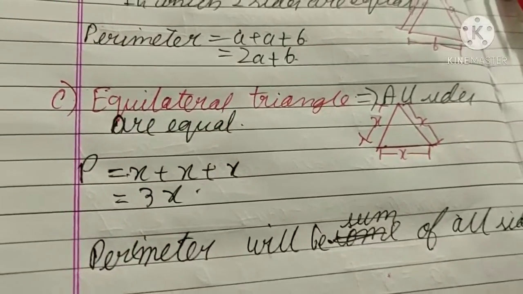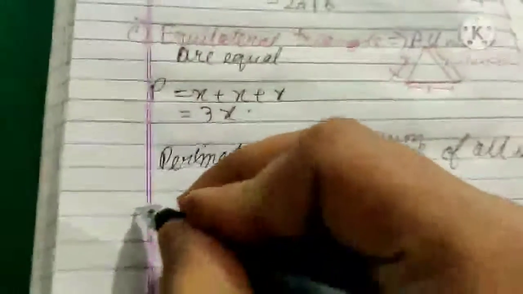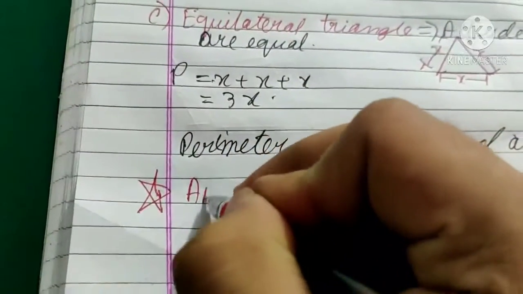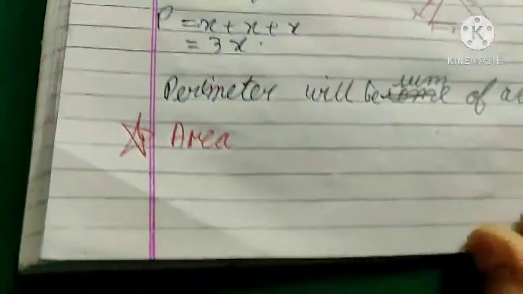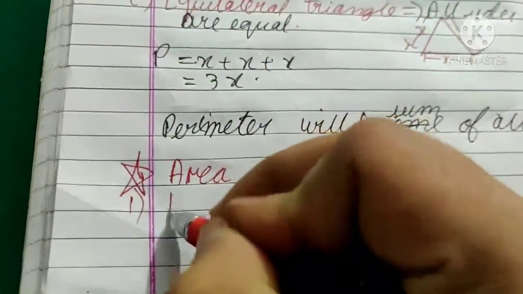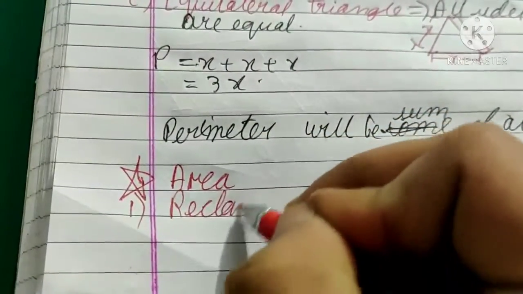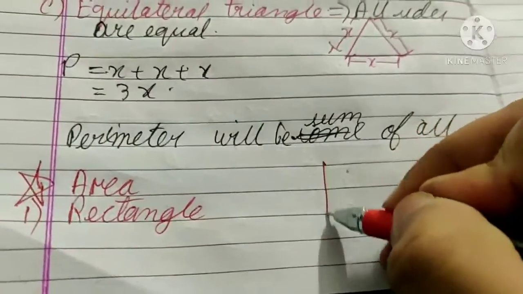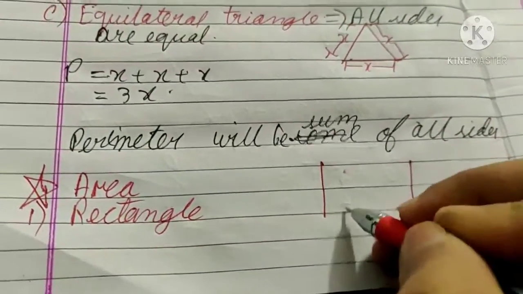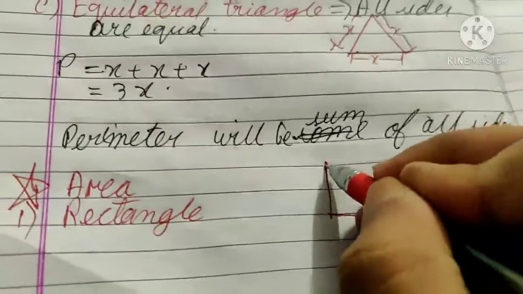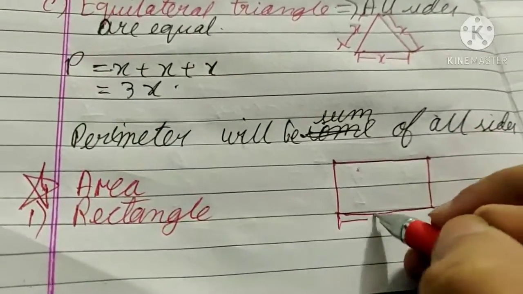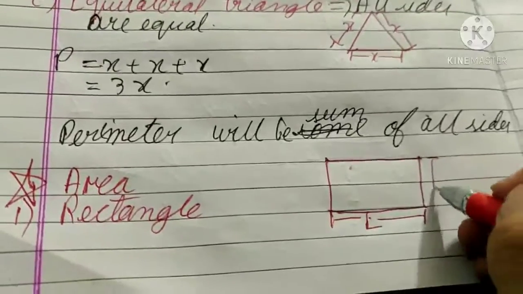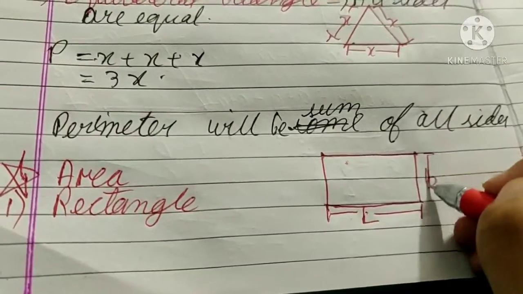Okay, our next topic is area, and we have to calculate the area of only two types of figure, of which our first figure is the rectangle. A rectangle is such a figure where this is the length and this is the breadth.